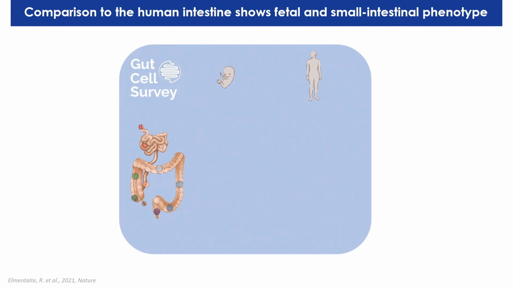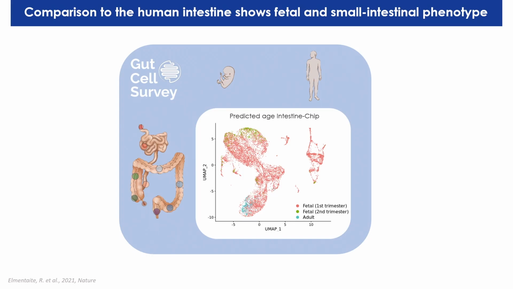So first we predicted the age of our intestine-Chip, and you can see here that it's predicted to be fetal in phenotype, and that is actually seen more often in iPSC-derived model systems, and only the most differentiated cells on the outer edges were predicted to be a little bit older in age. And here I show the prediction of the region. So most of these cells were predicted to be small intestinal in phenotype, with a few patches of large intestine.